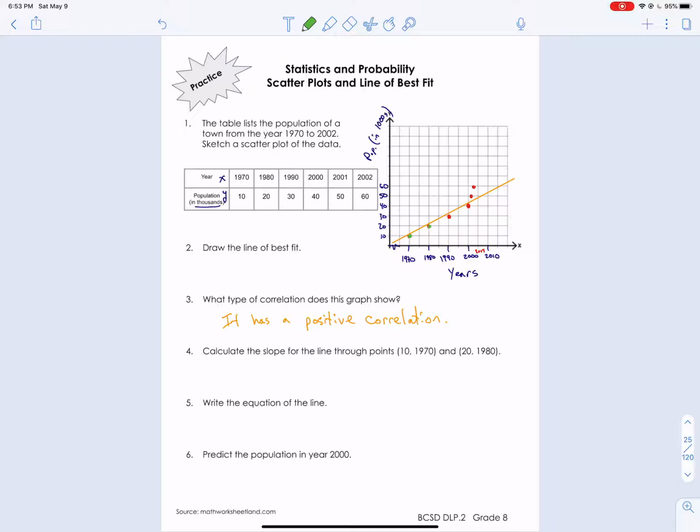So if the pattern continued like it started out, just every 10 years it increases by 10,000 people, we would have a point here, and there'd be a perfect line going through all those points. But because we had those jumps in population in a short amount of time, it pulls the line up towards those points. So we can think it's probably going to keep increasing like that.